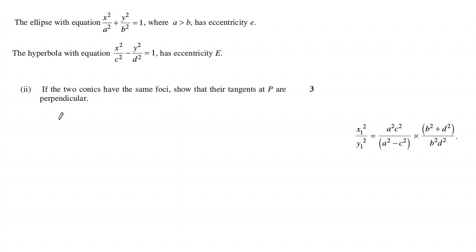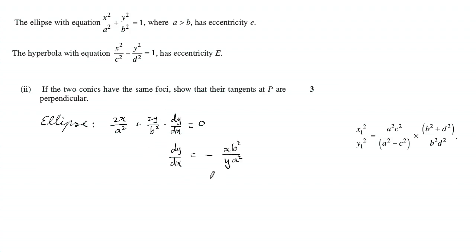So for the ellipse, we differentiate this using implicit differentiation. Our derivative of 1 is 0. And then we rearrange this to find dy by dx. So I'll subtract that from both sides and then divide both sides by that.